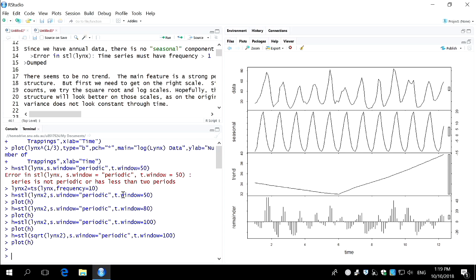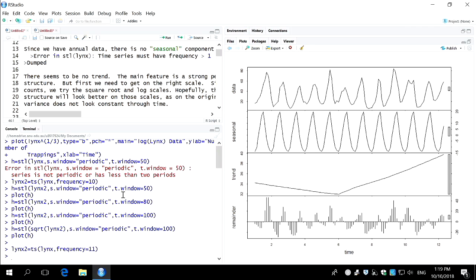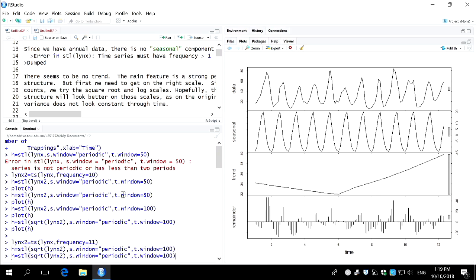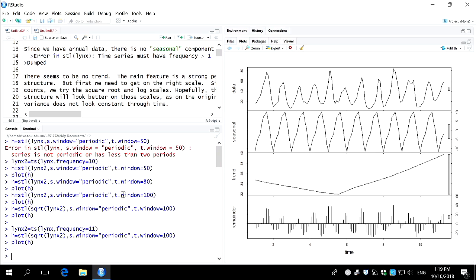So it's not quite right. 10's not quite right. So I might go back and try 11. And again, this is just messing around, trying to see if I can work out what periodic series is going to work for me, okay? That looks a little bit better in terms of the way the peaks match up. Not perfect, but a little bit better.